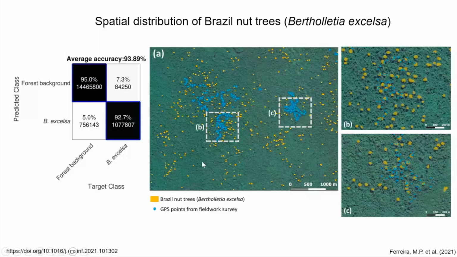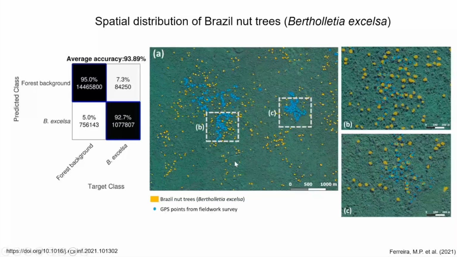And the results were quite promising. We acquired a very high classification accuracy, and the network could identify this tree over the forest landscape.